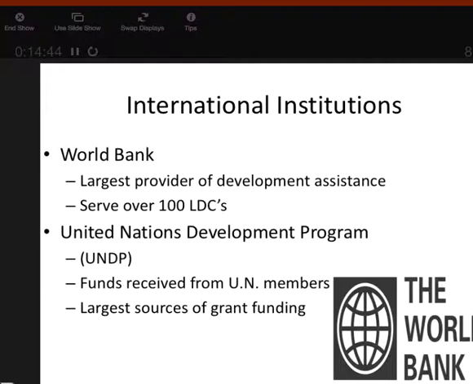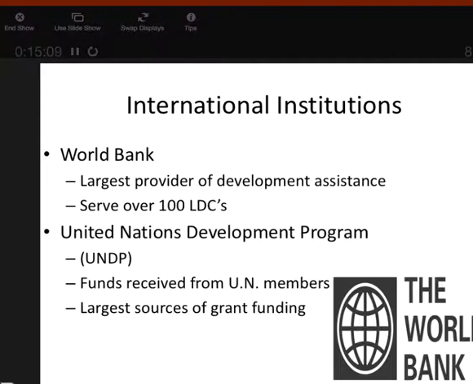There are also multinationals that have really taken to providing foreign aid for other countries. For instance, Microsoft, Bill Gates, the Bill and Melinda Gates Foundation, they have done a ton of work in these developing countries to rid them of simple diseases that can be fixed by vaccines that we have here in the United States.